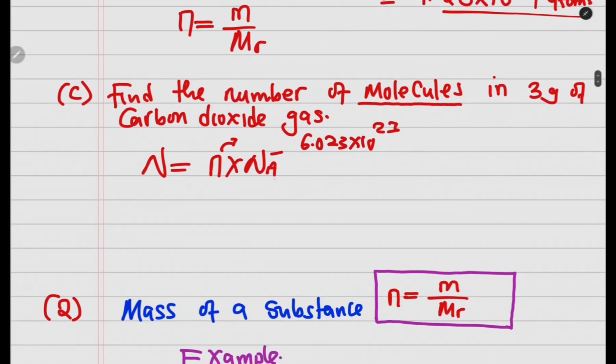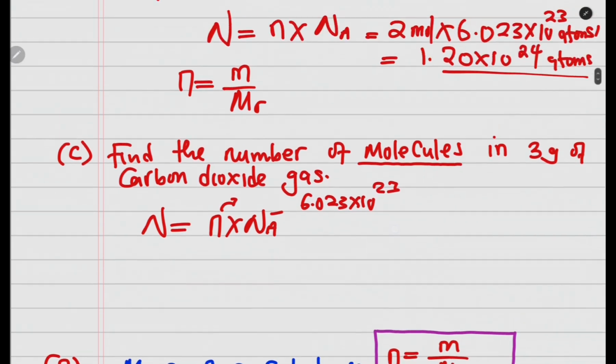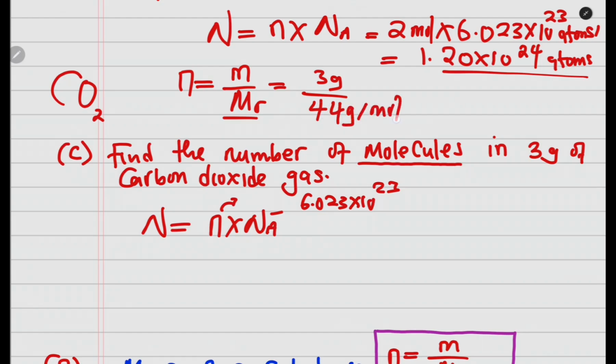So that is what we are going to start first by doing. We are going to start first by calculating number of moles. Given mass, in this case, is 3 grams. Then molar mass, we just find the relative formula mass of carbon dioxide, which we will have found at some point to be 44. Then the units of molar mass is gram per mole.